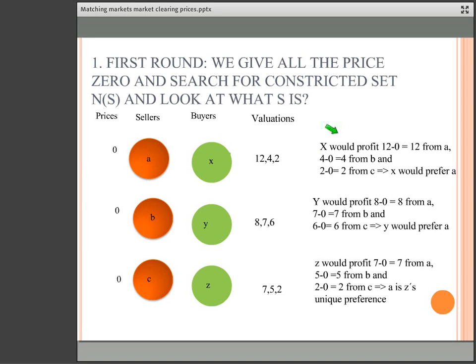His valuation is 4, price is 0, he profits 4 from B, and 2 minus 0 equals 2 from C. So by looking at X, he has a clear preference. He would prefer A. And you can count the same, and hopefully I have done them correctly, for Y here, and also for Z. Now, let's go into the next slide and have a look at what each X, Y, and Z would prefer, and what we end up with.